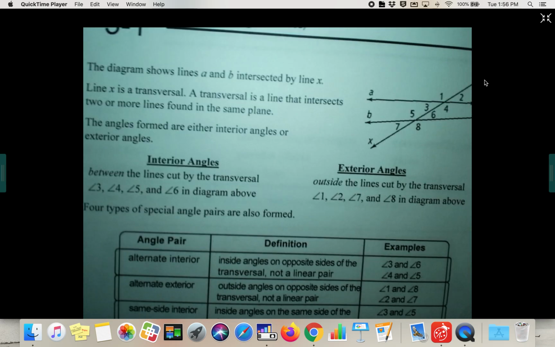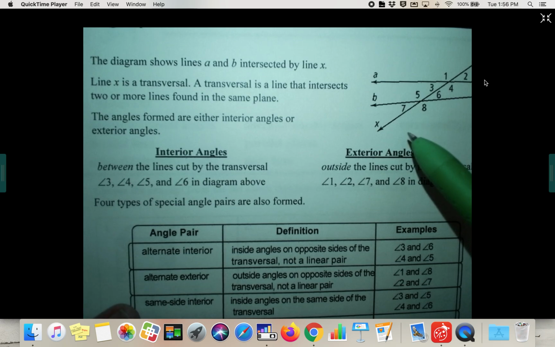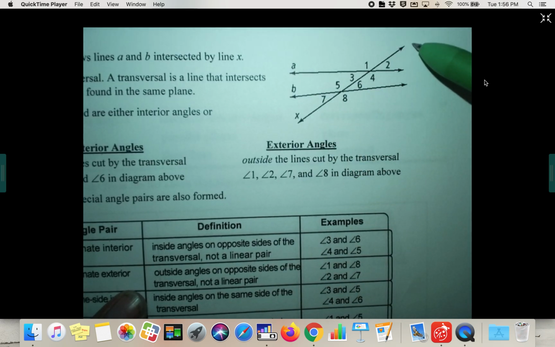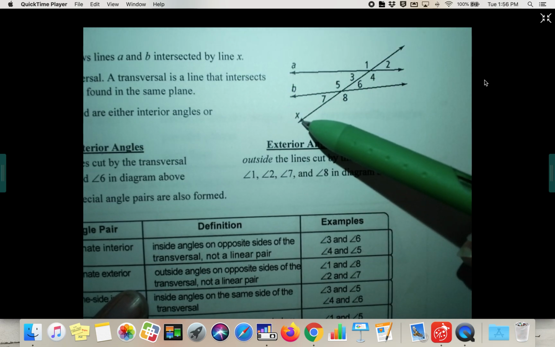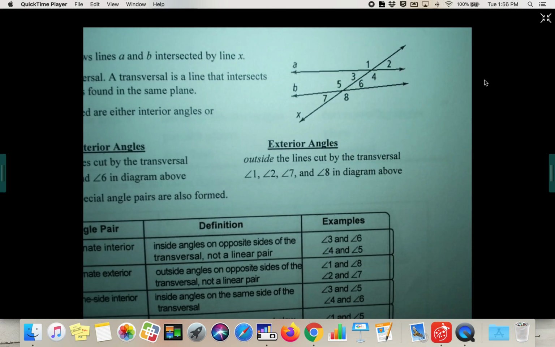Okay, last page is the other 3.1, and this is a diagram showing lines A and B that are intersected by X. So even though A and B are not parallel, X is still considered a transversal because it cuts through the 2 other lines.